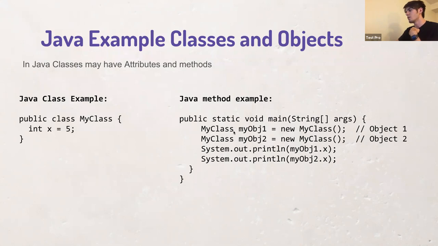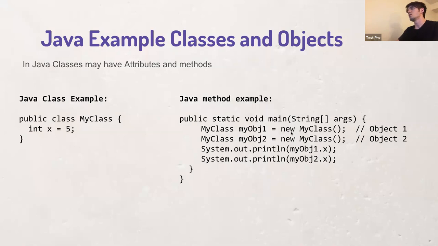As the type for the object, you use the class name. Let's say we are instantiating the class in the main function: on the left side we specify the type of this object, which is the same class, then an equals sign, and a keyword in Java called new.